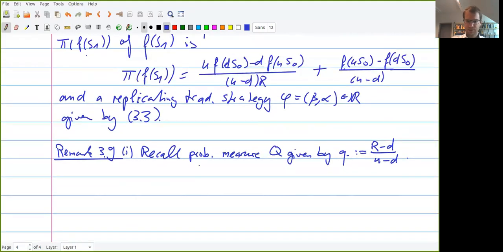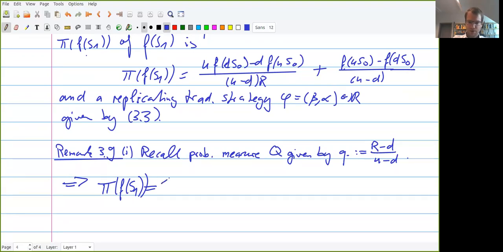And now what we see here is, if we come back to the price of the option, which we have derived, well, now we can take this formula and rewrite it a bit.